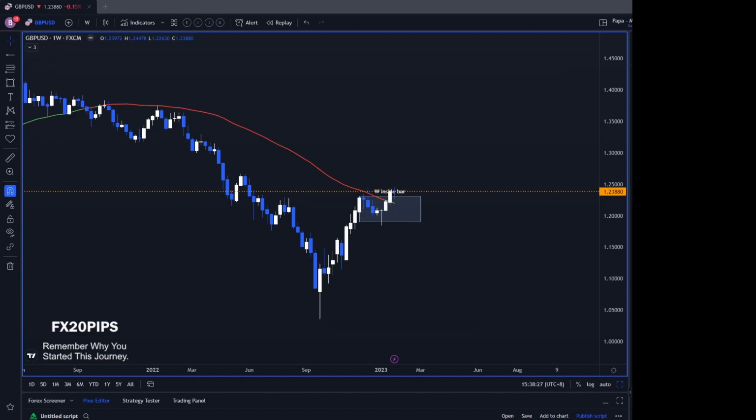So looking carefully, we have a positive bullish candle that closed outside of this range box. Okay, and the follow through candle doesn't look impressive.